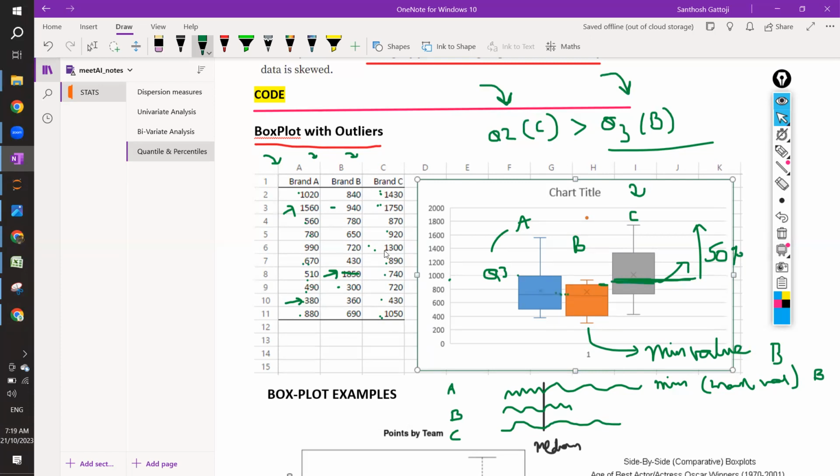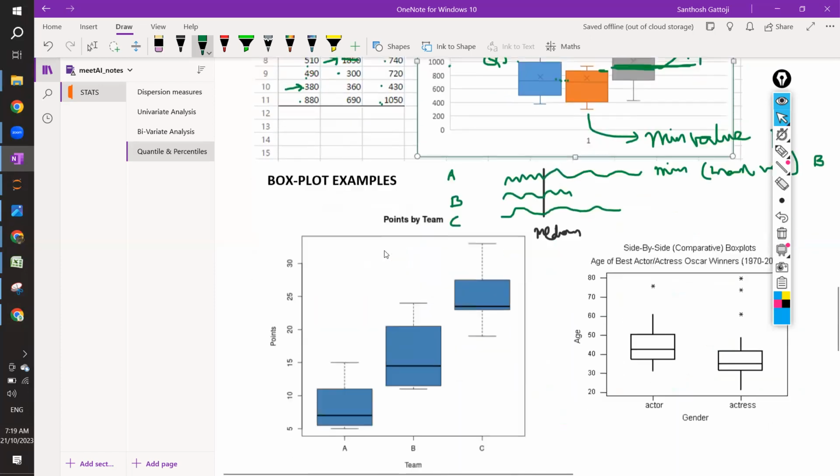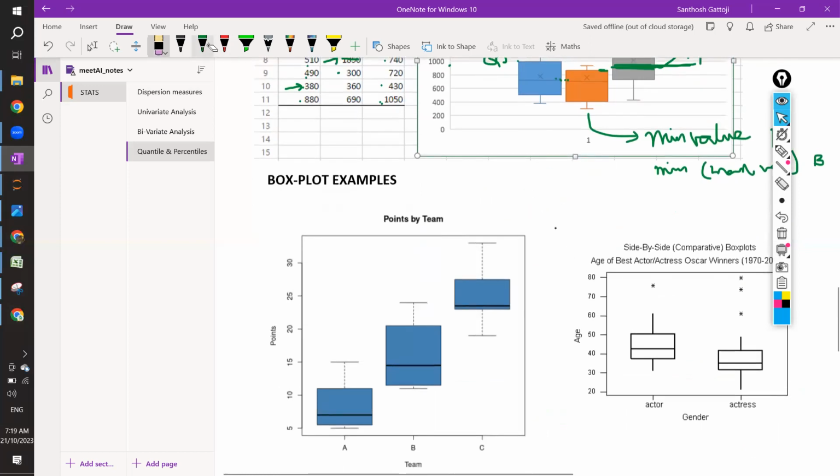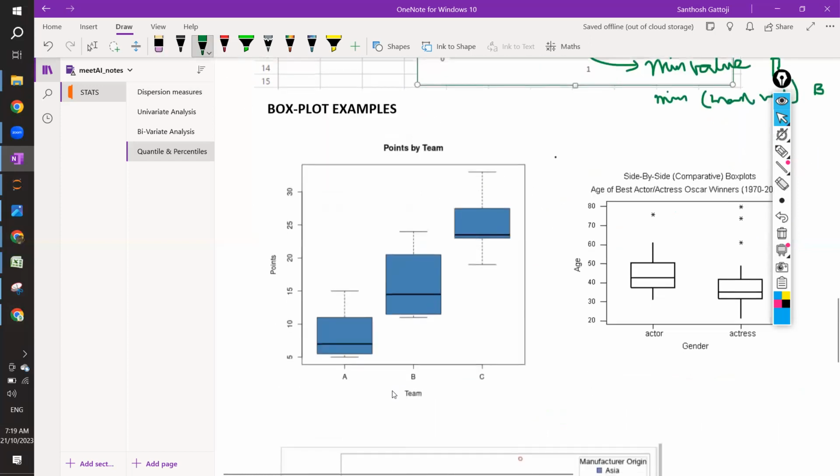Okay, fine. So after that, there are a few interesting examples. Okay, if you see here, we are having a plot of team A and its points. Team A box plot is this, team B, team C. Fine. But clearly you can see who won the game, guys.